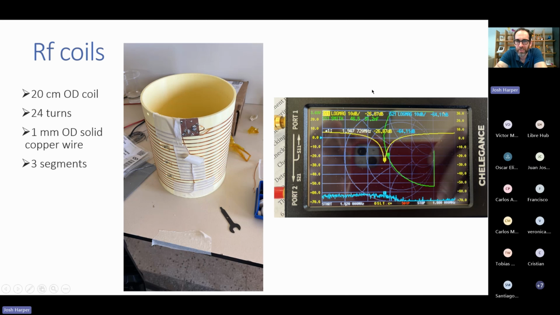This is another potential cost driver, the VNA that you choose. So we've got this Chelegance portable VNA, which was around $1,000, I believe. And it actually does quite a nice job. I really like it. We were able to tune and match without much issue with this VNA. So this is what I've used to do all the tuning and matching for my coils.